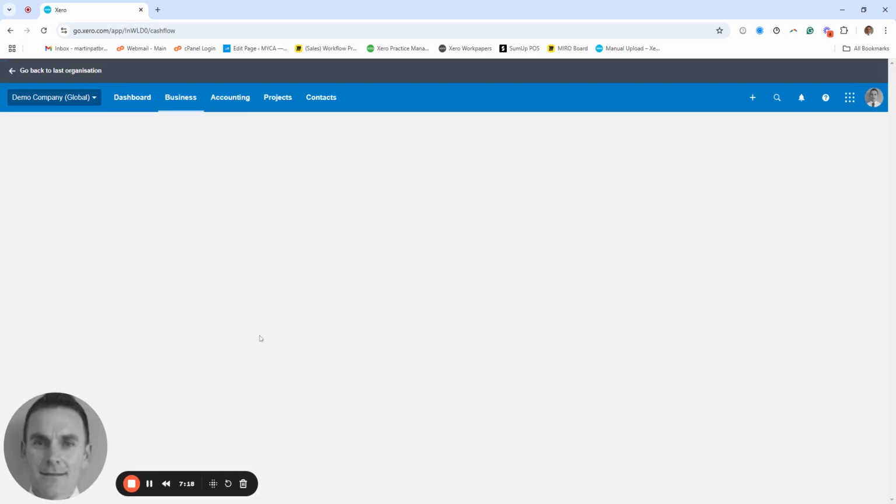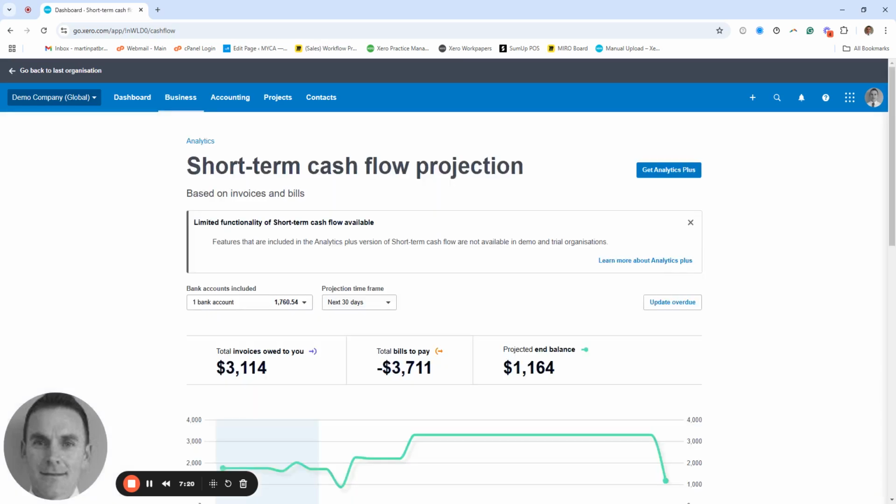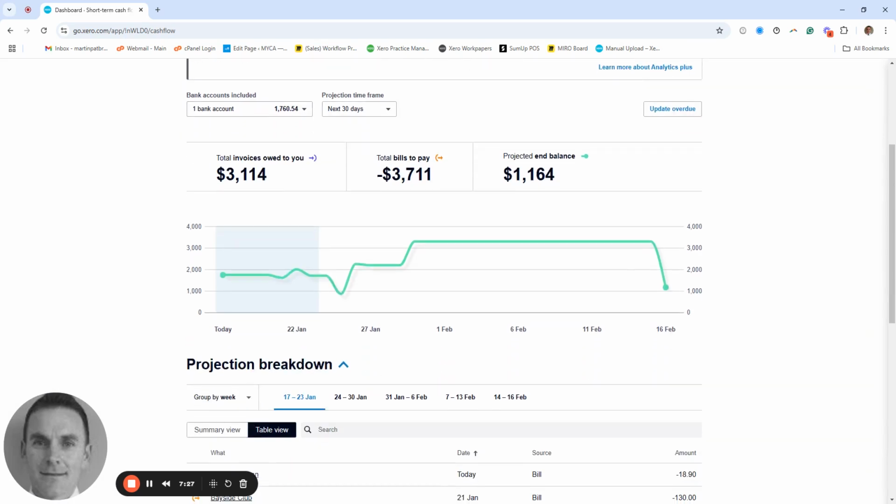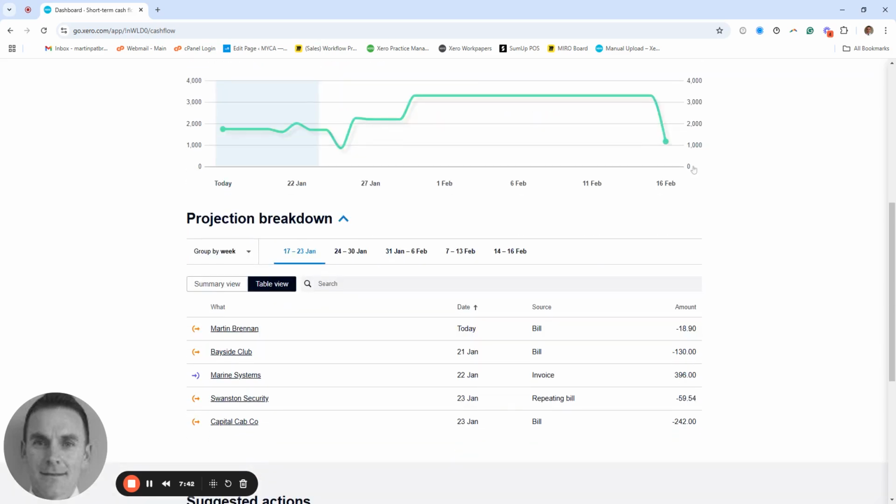So I go back into business, I go back into short-term cash flow. And from here now, you can see that those two invoices that I have raised and sent, which are due to be paid by the end of the month, have brought our estimated bank balance up, because we're expecting these to come in.